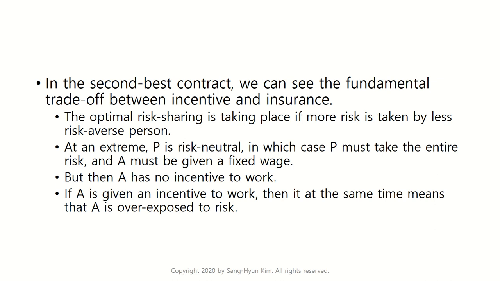But then the agent has no incentive to work, so to give an incentive to work, the principal has to give a changing, non-fixed wage. At the same time, that means the agent is overexposed to risk.